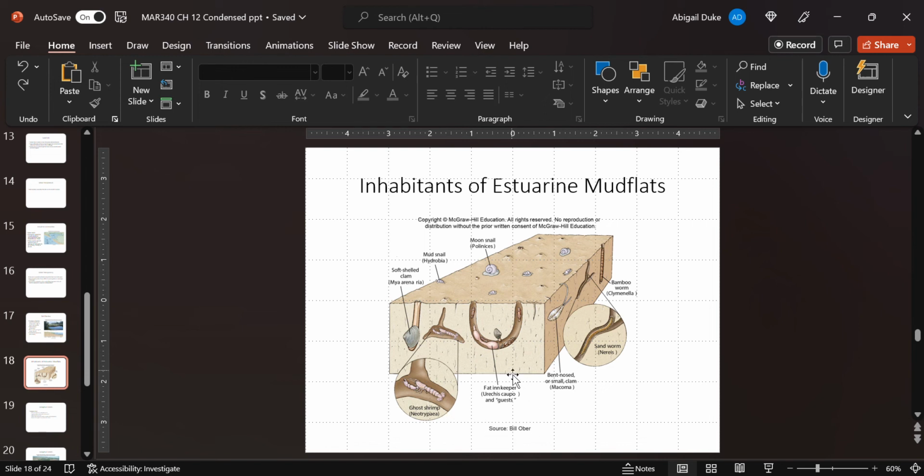We have the innkeeper worm, Urechis caupo, and quote-unquote guests. And then we have the bent-nosed or small clam, which is Macoma. We have sandworm, which is Nereis, and bamboo worm, which is Clymenella.